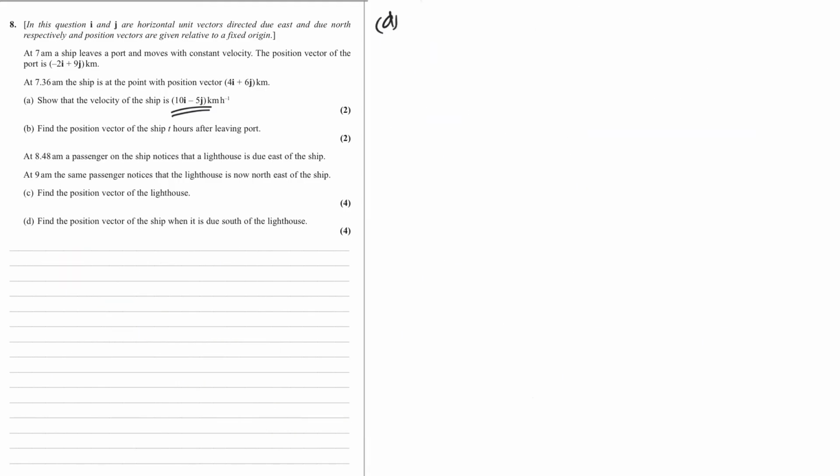Now, we know that the ship has a position vector 10t minus 2 i and 9 minus 5t j, and we know that the lighthouse is at 19i. It tells me to find the position vector of the ship when it is due south of the lighthouse. So if the lighthouse is here, the ship is going to be somewhere below it.